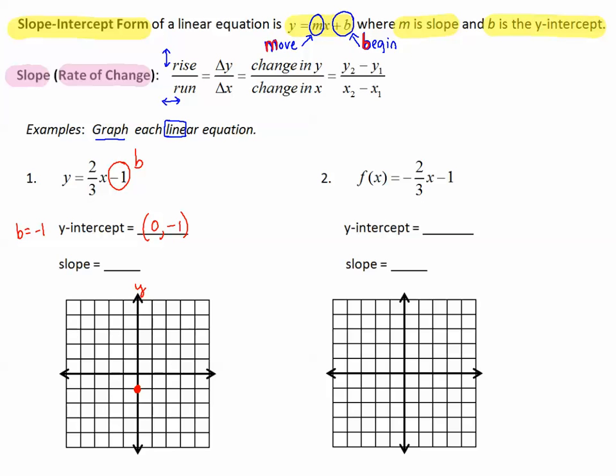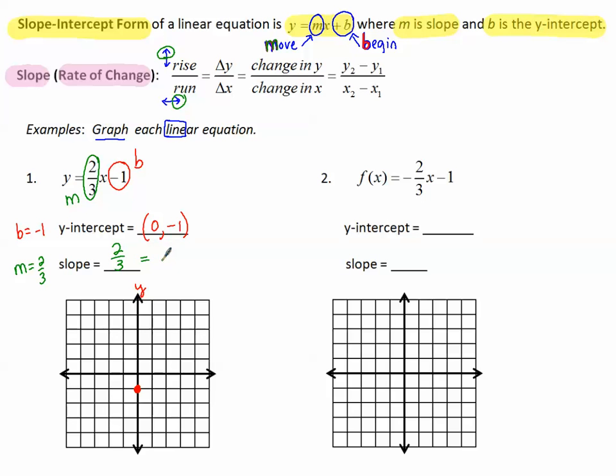So now I'm looking for my slope. In front of the x, I see the m. That tells me how to move. M is 2/3, so the slope is 2/3. That's +2 over +3. So that means my rise, positive is going up, run to the right.